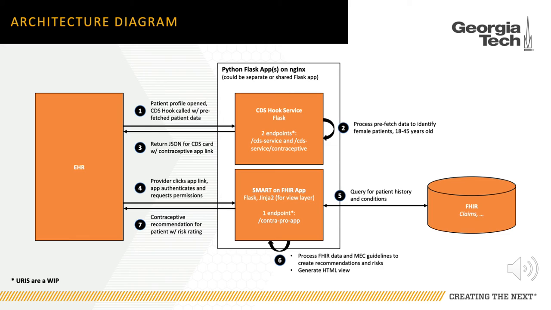If the doctor chooses to click that app, that's when the OAuth authentication happens, and then our app begins querying the FHIR databases to determine what that patient's conditions are. Once we obtain those conditions, that's when we match with the CDC's MEC guidelines to determine what the risks for different contraceptives are. And as you saw earlier in this presentation, that's when we present the chart that shows the risk factors for those different conditions.